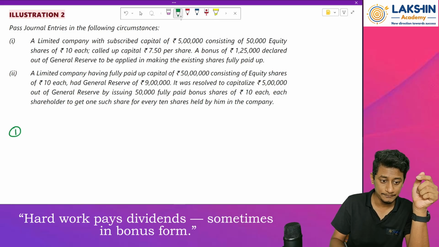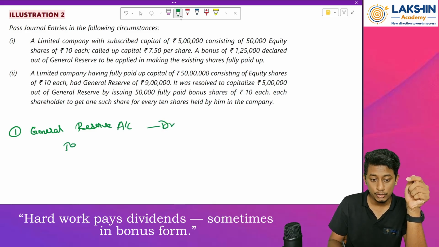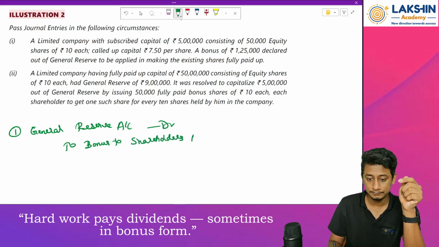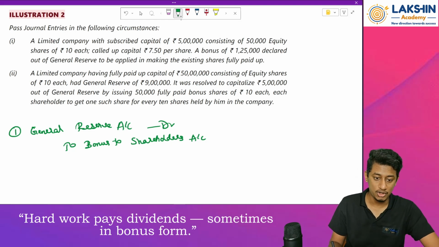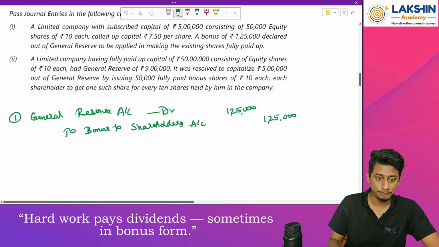So the entry will be general reserve account debited, to, we open a new account called bonus to shareholders account. Now what is the value of bonus given as per the question? Rupees 1,25,000. Clear? Okay.